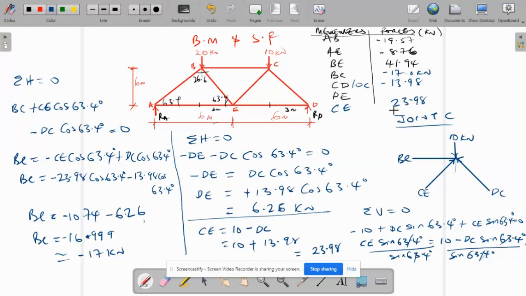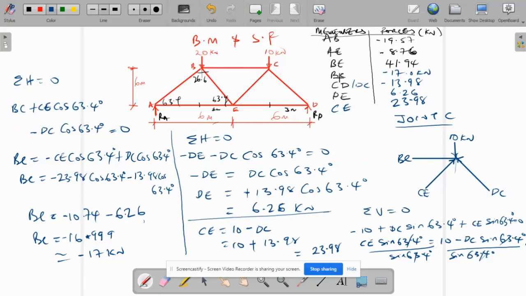So here are the various forces available. We have our DE as 6.26, so we put it back. You can see from here we have the various members. Among these we have a total of 1, 2, 3, 4, 5, 6, 7 members.